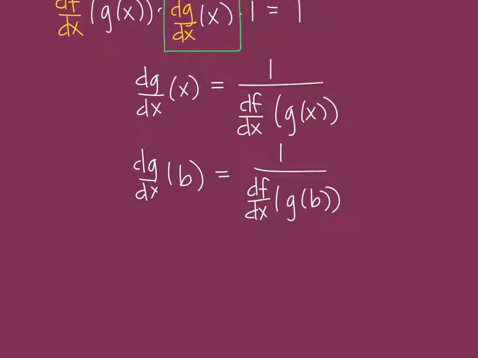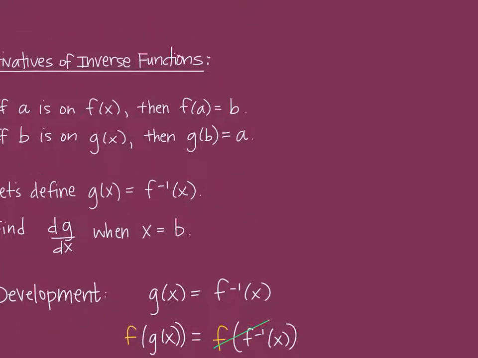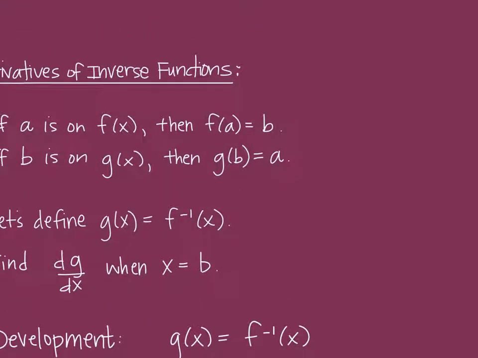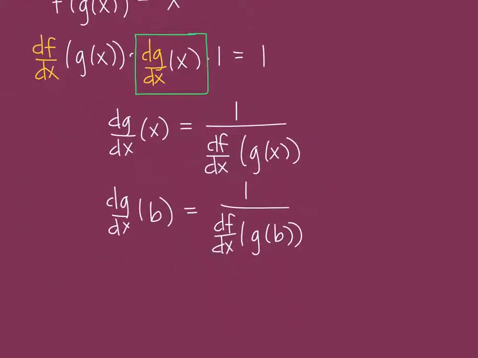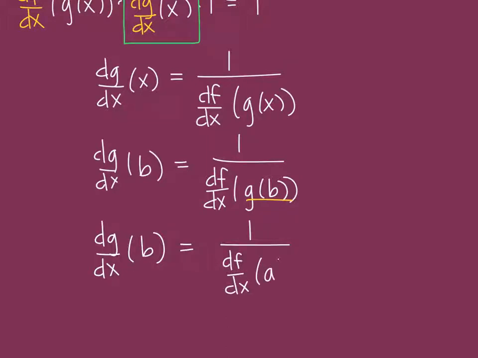And if we look back up near the top, g of b is equal to a. So I can replace this g of b with a. So dg dx at a particular value of b is equal to 1 over df dx at a particular value of a.